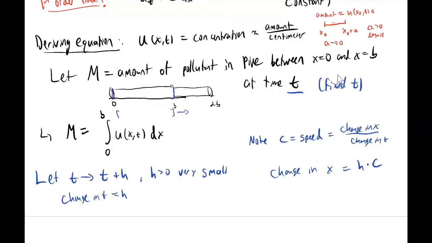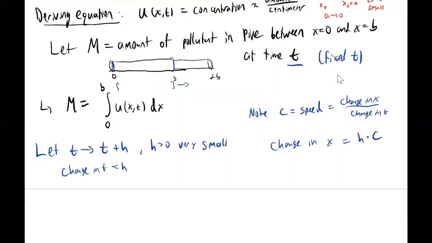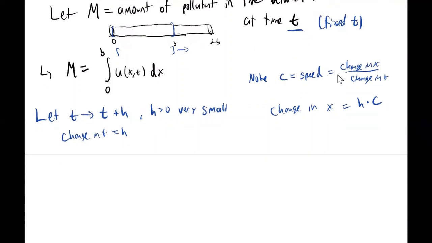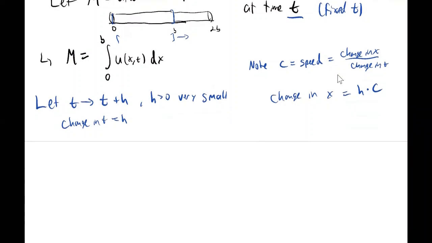Because h is the change in t. And so therefore we expect the pollutant between 0 and b, let me have more space to write this. So we expect the pollutant between 0 and b to move to the right by a change in x of about h times c, right?